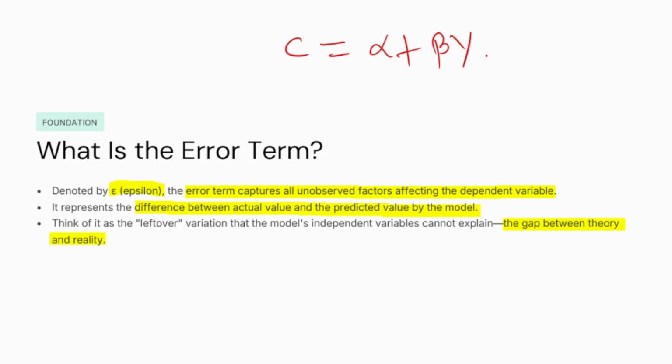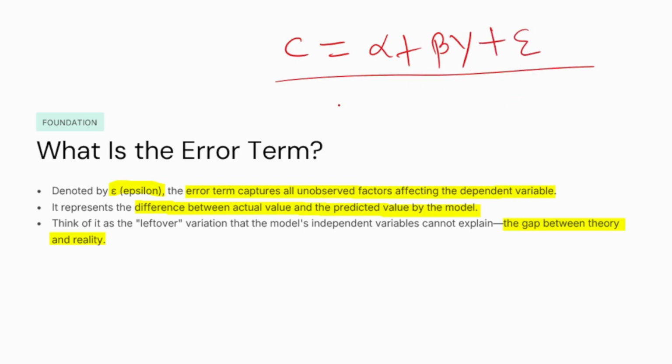Apart from the income, there can be n number of factors like age of the individual, education, gender, etc., which can also have an impact upon the consumption. So the impact of all other factors apart from the income can be represented by the error term or the epsilon in the econometric model.